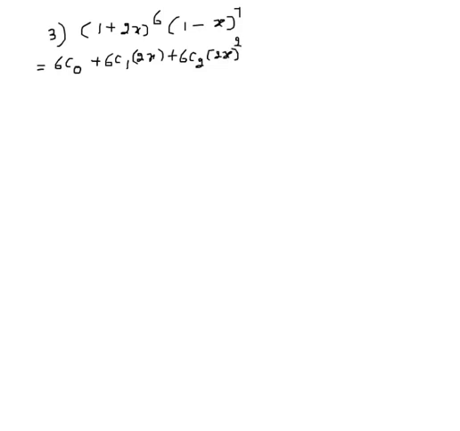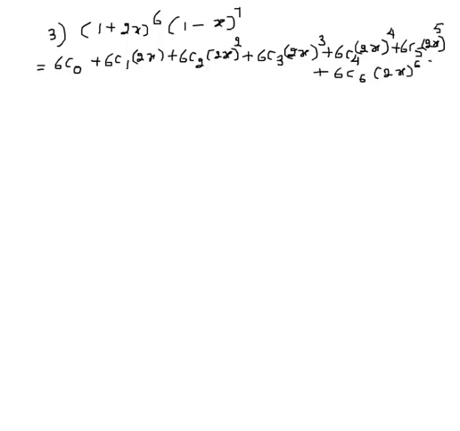Keep increasing the power of 2x. 6c3, 2x the whole cube, plus 6c4, 2x raised to 4, plus 6c5, 2x raised to 5, and the last term is 6c6, 2x raised to 6. We have 7 terms in the expansion of the first one. Now we will expand the second one. We will have 8 terms.